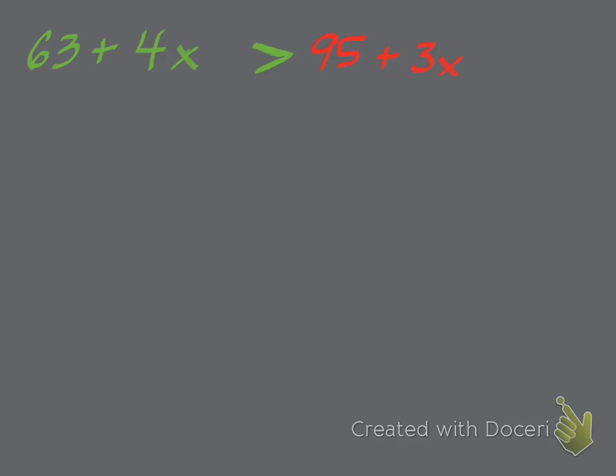Okay, so let's solve my equation. I'm going to remember my order of operations so I can work backwards from it. I want to see first of all if I have anything added or subtracted to the variable. Over on the green side, I have 63 added to my variable, and over on the red side, I have 95 added to the variable.